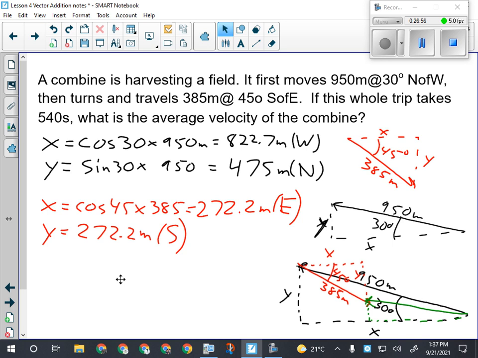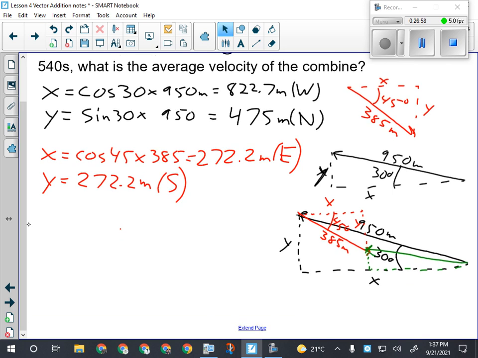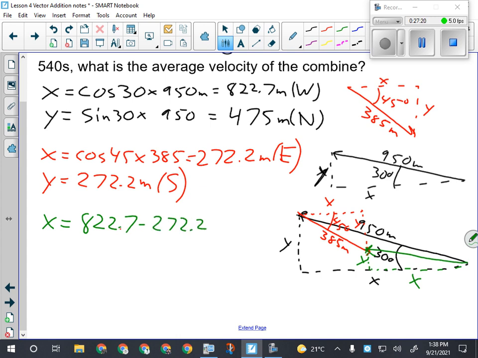All right, so if I'm going to calculate green x and green y, my green x, my resultant x, is going to be 822.7 meters west plus 272.2 meters east. In other words, I have to subtract them. So 822.7 minus 272.2 will give me my overall x. If I'm using the separate triangle method, I'm just doing this calculation. I don't see anything yet. I'm going to build it from here.